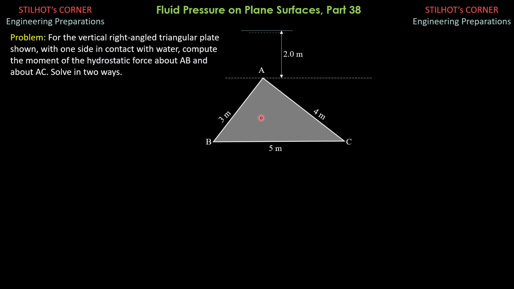So this is the figure, and because of the dimensions, this is a right-angled triangular plate with the right angle at A. So the height is 2.4. To solve this 2.4, you have to consider this triangle here. We have similar triangles, this smaller one and this original bigger one.